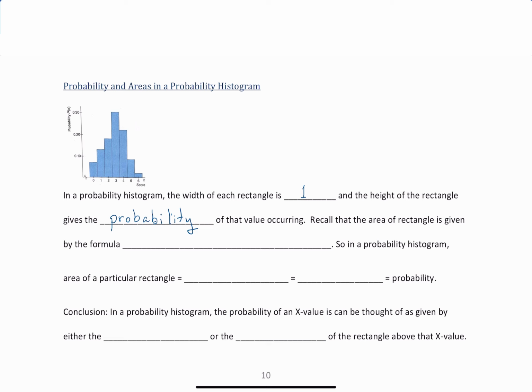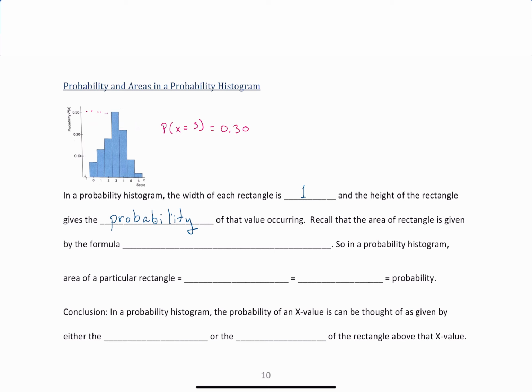So for example, in this histogram, that tallest rectangle, its height is 0.3 because in that example, the probability of getting x value 3 was 0.30.